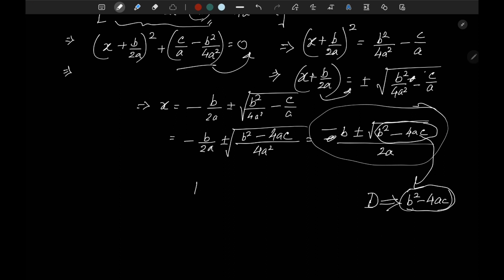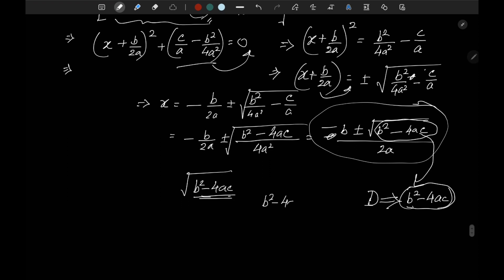So we have this b square minus 4ac within a root term, and if b square minus 4ac is greater than 0, we will have two different roots, right? Because then it will give some finite value, can be given by k.